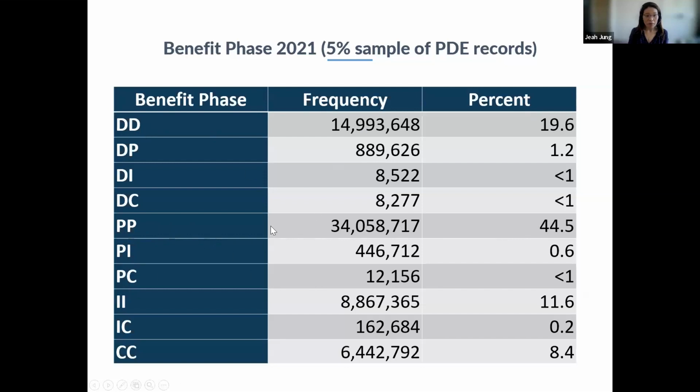And then you can see how many prescriptions were filled during the catastrophic coverage phase. If you add up anything that has a C here, whether it's the first digit or the second digit, it's about 8% and less than 1%, so probably about 10% of prescriptions were filled during catastrophic coverage.